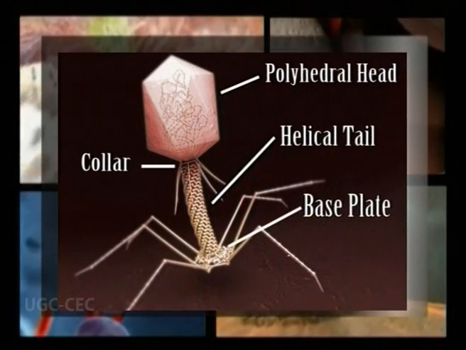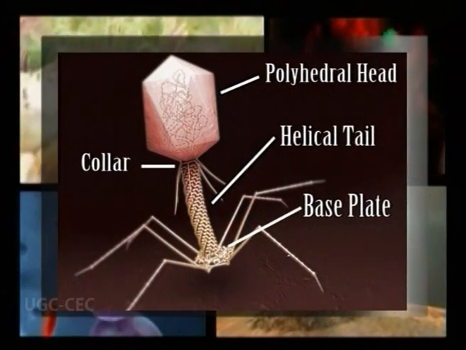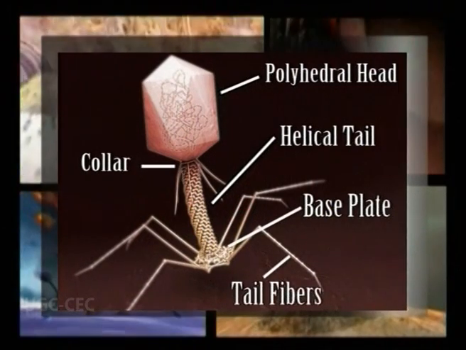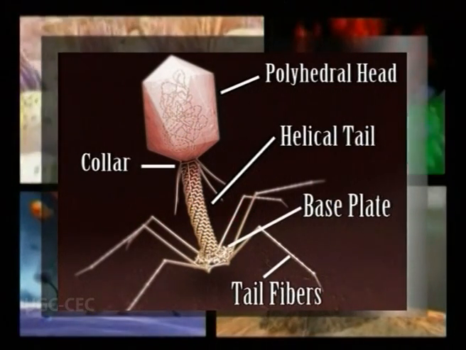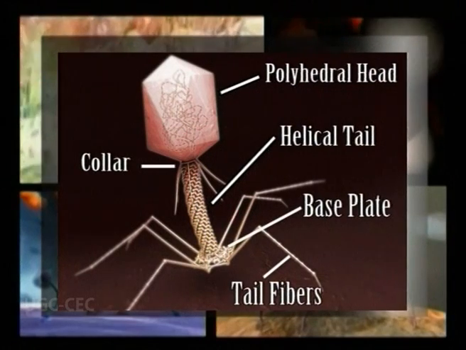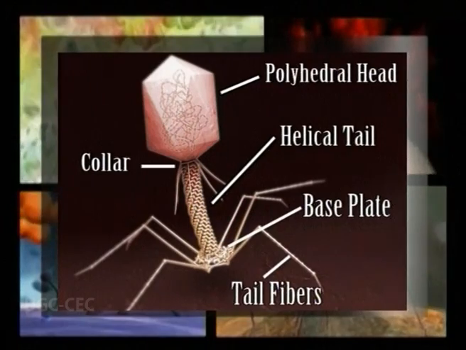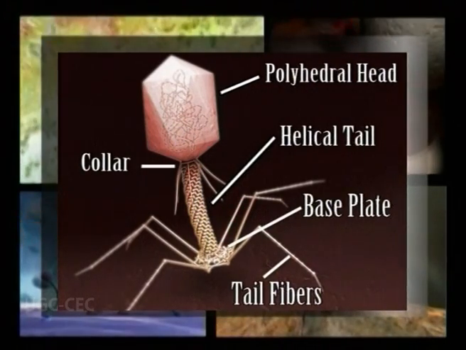The base plate is hexagonal and has a pin and a jointed tail fiber at each corner. The length of the tail fiber is 130 angstrom units. The tail fibers are the organs of attachment to the specific sites of the host cell.